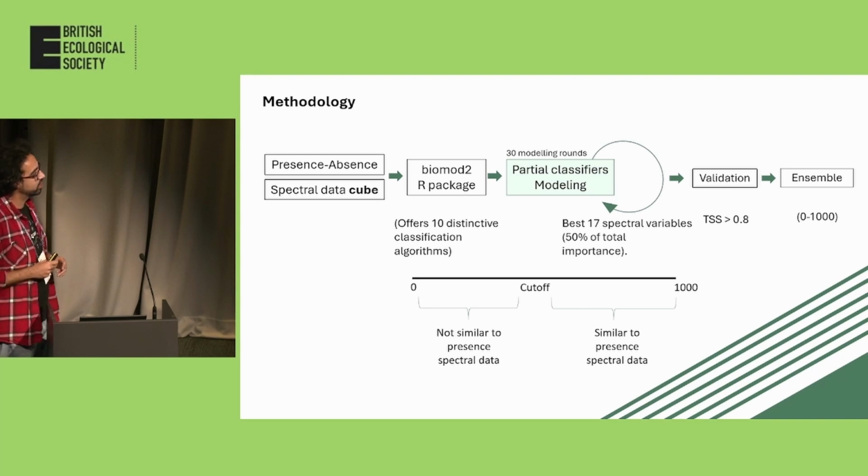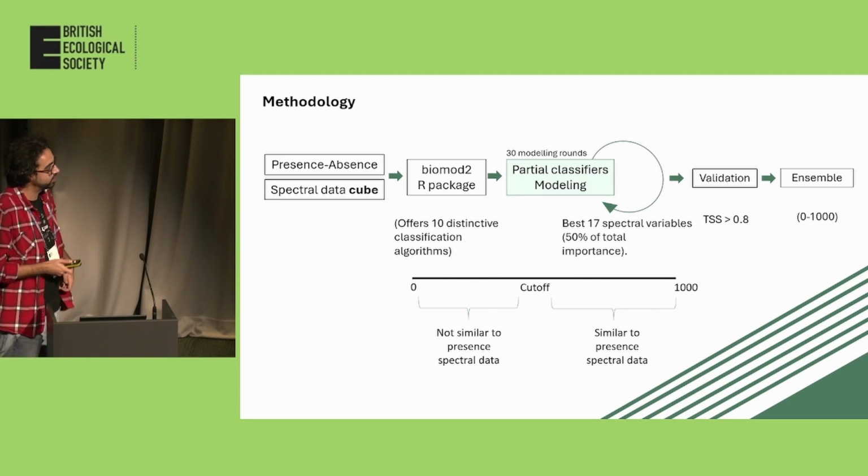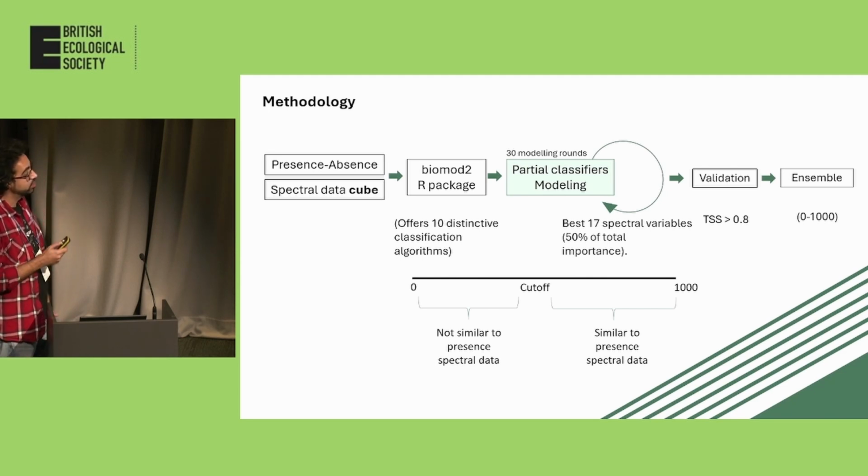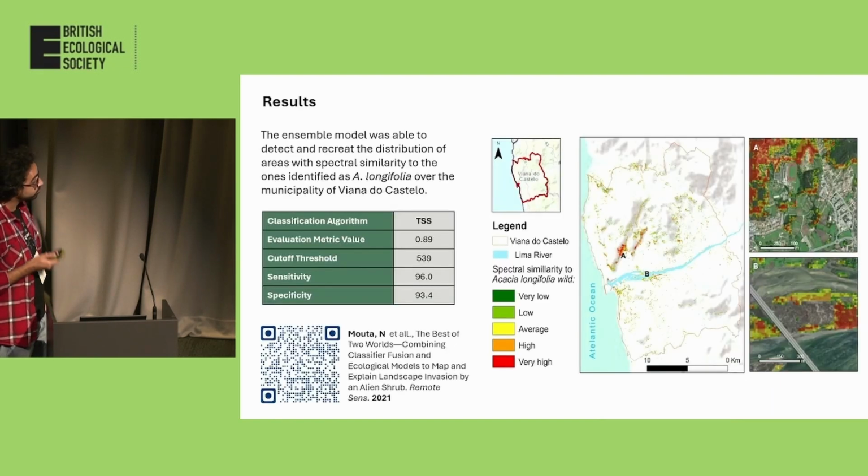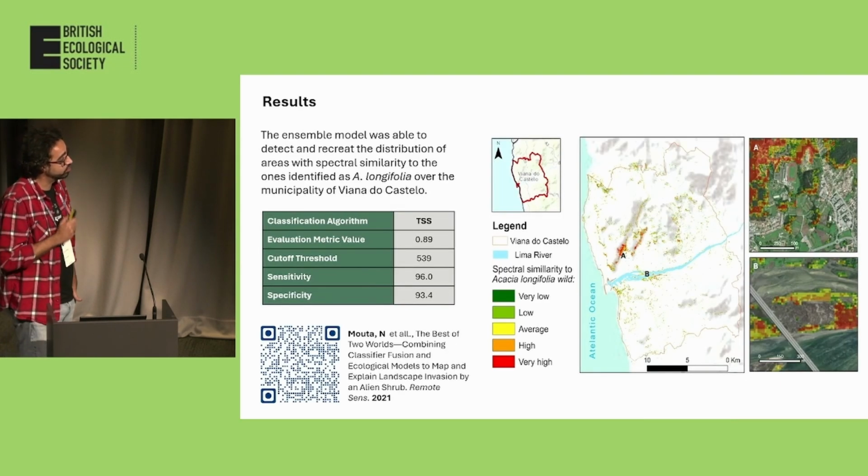And above the cutoff, the model considers that there are some similarities between the presence and the pixel that is being analyzed. So remember, close to 1000 is really spectrally similar. Close to the cutoff can be a little bit similar, but not so similar. And that's how we get these results.